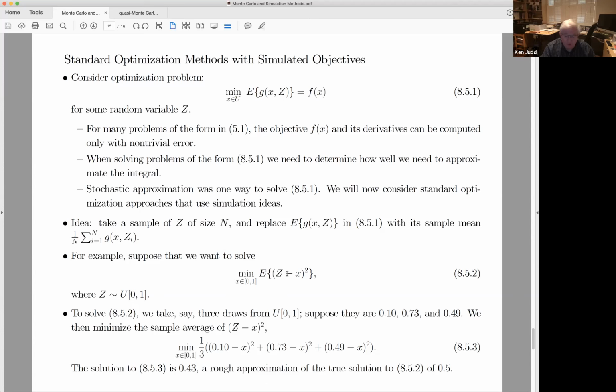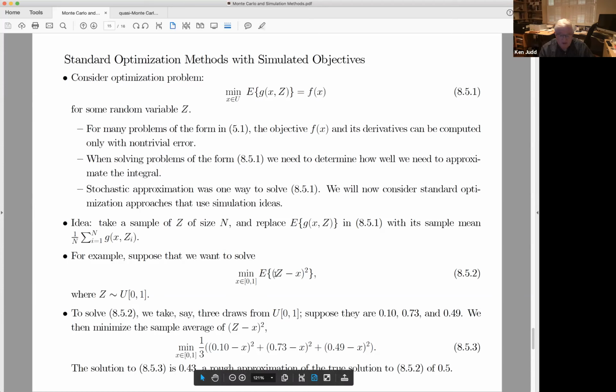Here's an example. Suppose Z is uniform and we want to find the X which minimizes Z minus X quantity squared. So this is related to minimizing something like a variance. By the way, the obvious answer to this, I think, is 0.5.